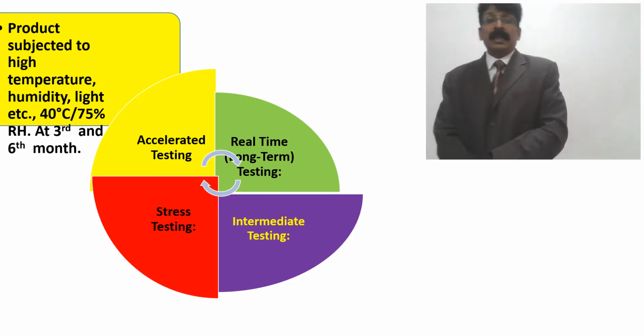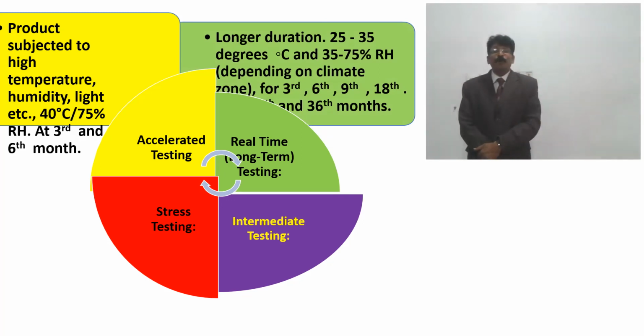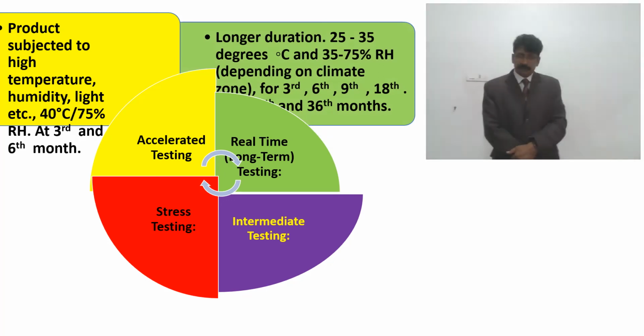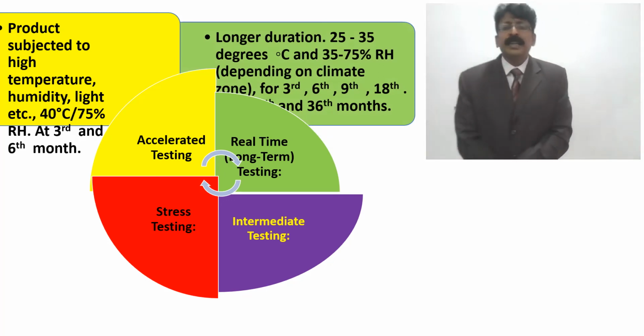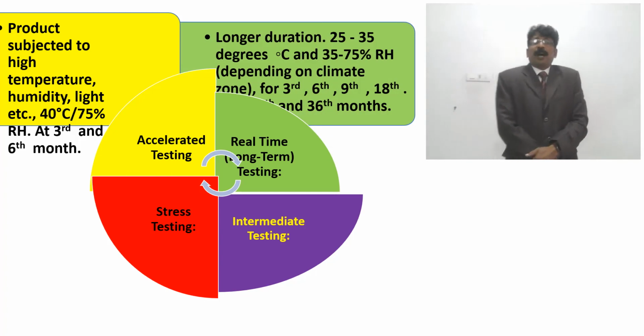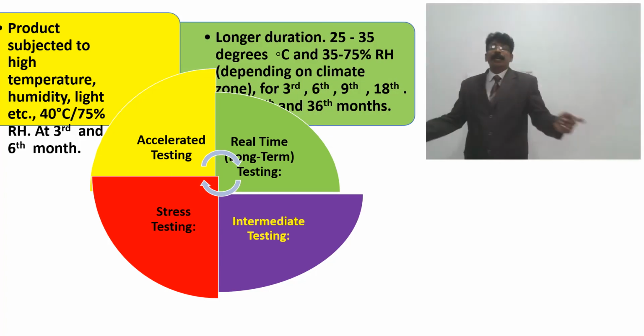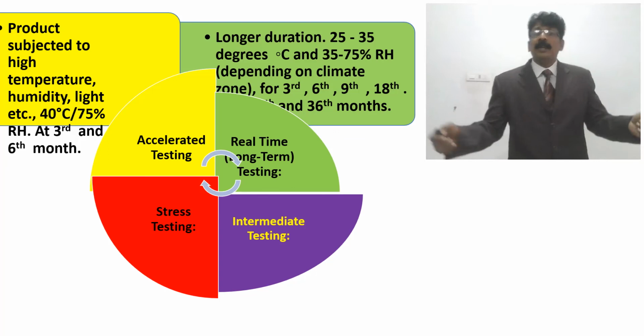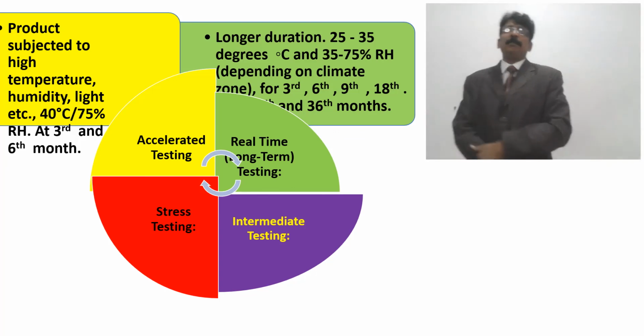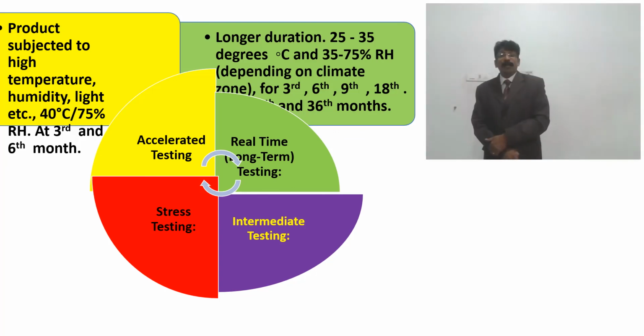You can remember, if you go for real-time testing, it is a long duration, 25 to 35 degrees centigrade, 35 to 75% relative humidity, in 3, 6, 9, 12, 18, 24 and 36 months, performed for long duration for real-time long-term testing.